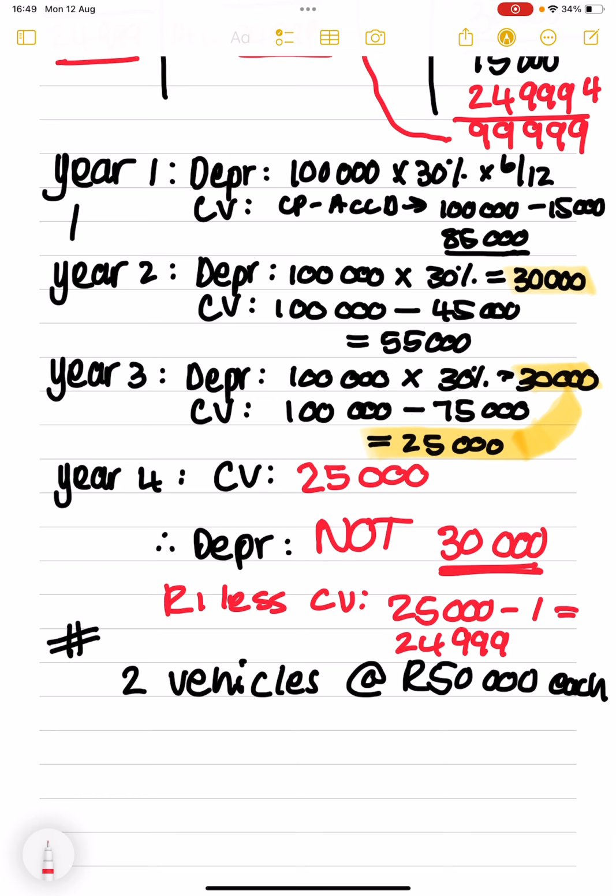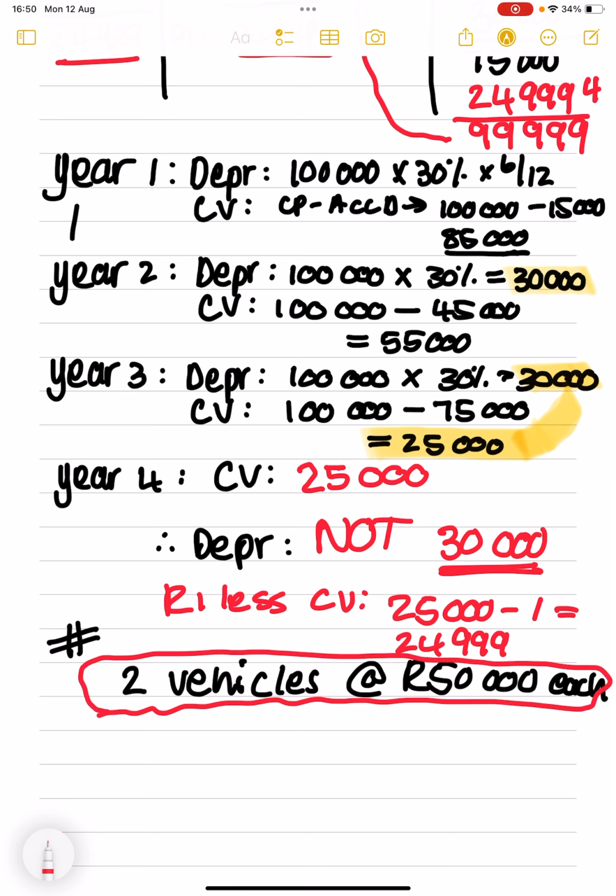So if I want to continue now to this special case, where we didn't buy one vehicle for 100,000 Rand, but we bought two vehicles for 50,000 Rand each. Now the rule says that not all vehicles, not your total vehicles, but each individual asset cannot be worth less than 1 Rand.